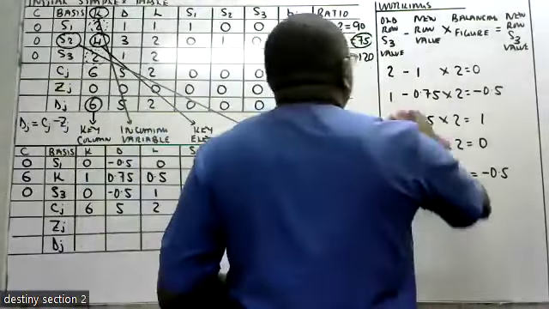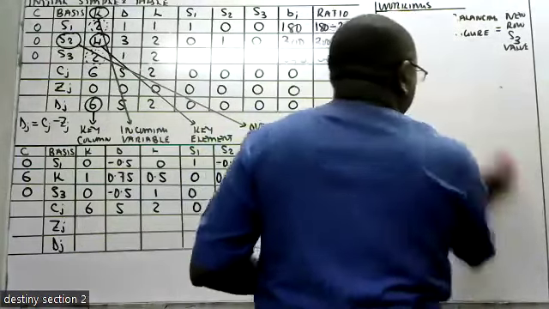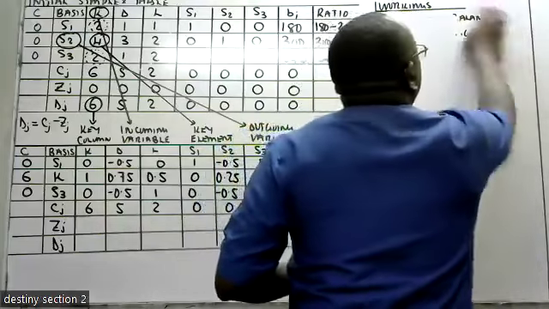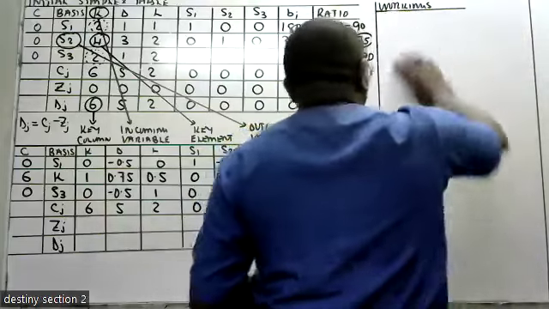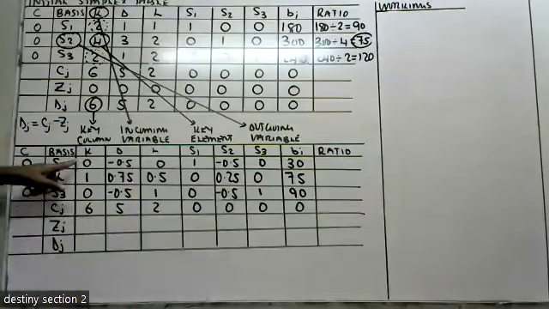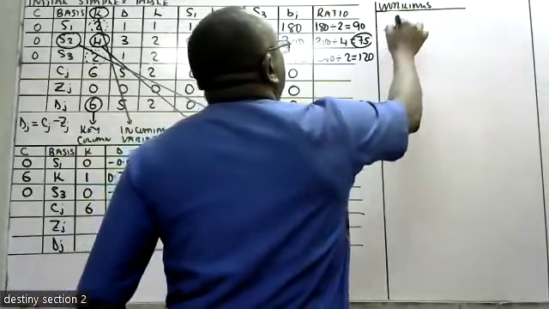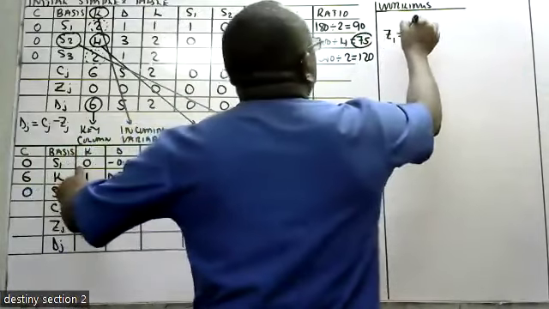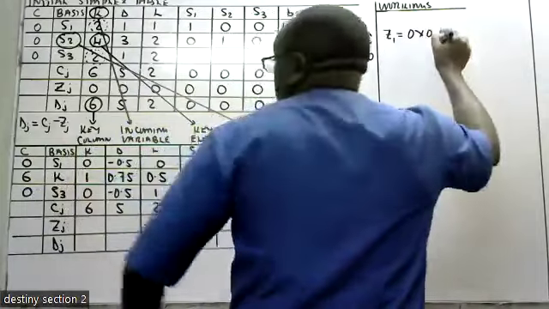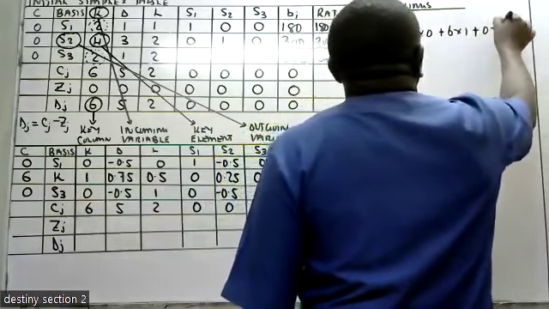So let's now get the working for Zj. We do the working for Zj. So for this Z, you will be taking these values in column C, you multiply with the corresponding values here as you add. So when I come for Z1, I will say 0 times 0 plus 6 times 1 plus 0 times 0.